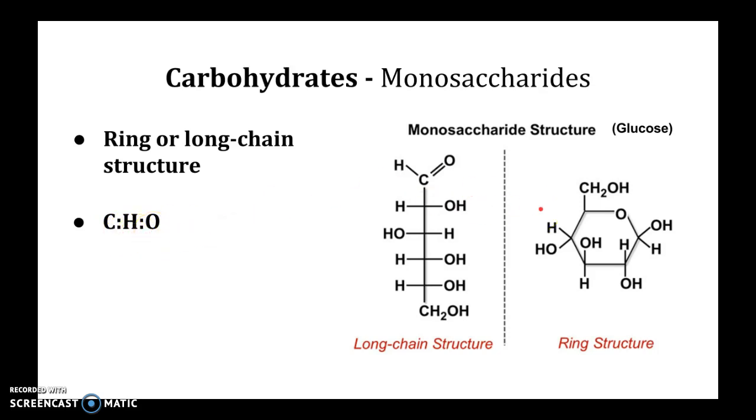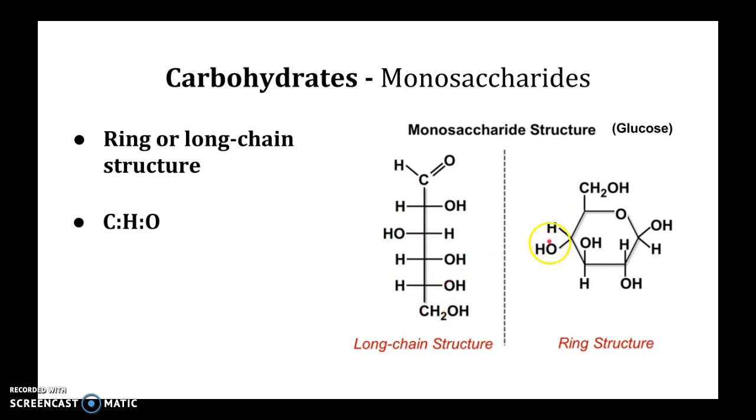So let's take a look at the ring structure or the long chain structure, and let's identify some of the elements. So in this long chain structure, monosaccharide, which happens to be glucose, we can find the hydrogen, the oxygen, and the carbon elements. And the same with the ring structure.